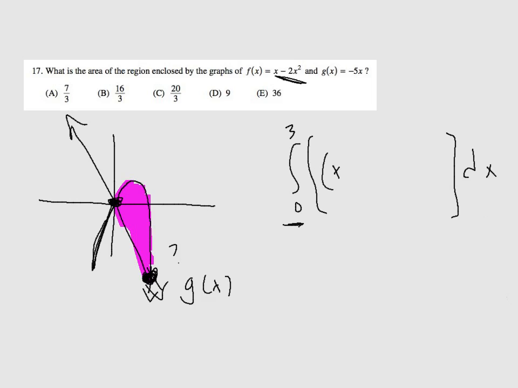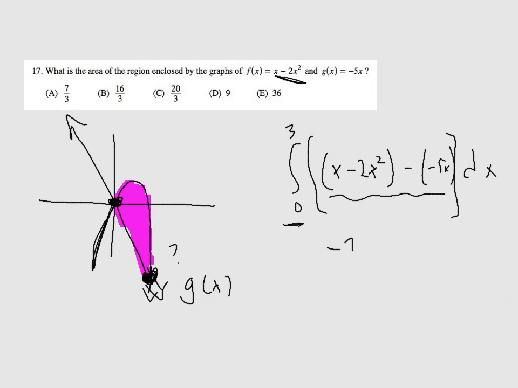I've got x minus 2x squared. There we go. Minus negative 5x.